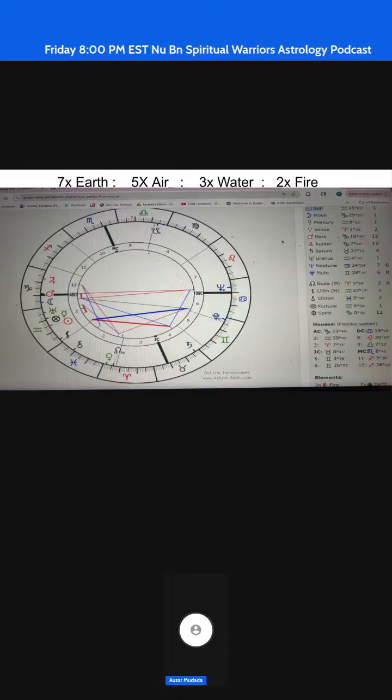Okay, now take a look. Saturn is 27 degrees Capricorn. Oh, I'm sorry, Taurus. The moon is 25 degrees Capricorn, and Saturn is 27 degrees Taurus. They are of the same element, and their degree is close enough to where we have a trine. So the moon and Saturn are trine.